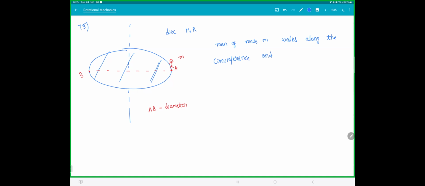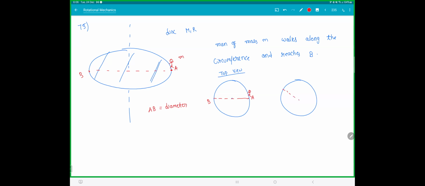Do you think when he's walking, the disk will be at rest? When he is walking, friction will be which way for the man? Forward. So the same friction will act backward on the disk. So the diagram will look like this. If you look at the top view, initially A was here, B was here, man was here.